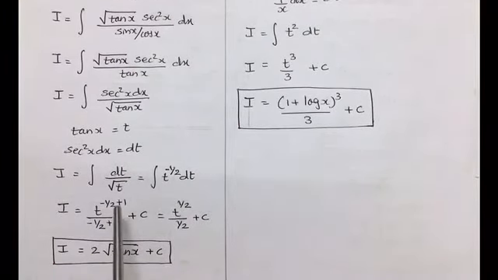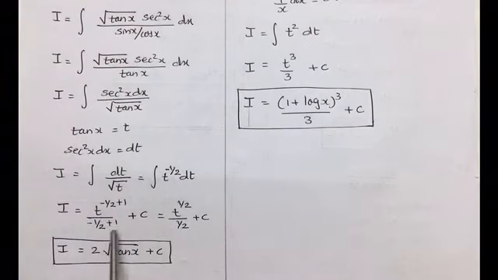Now root t is expressed as t raised to minus 1 by 2 dt. Now integrating t raised to minus 1 by 2 as t raised to minus half plus 1 upon minus half plus 1. So it gives t raised to half divided by half plus c.